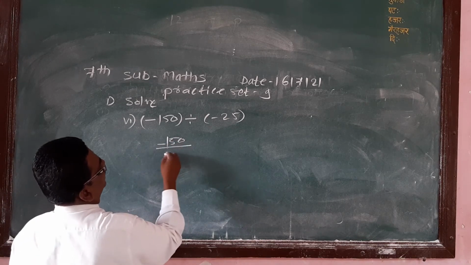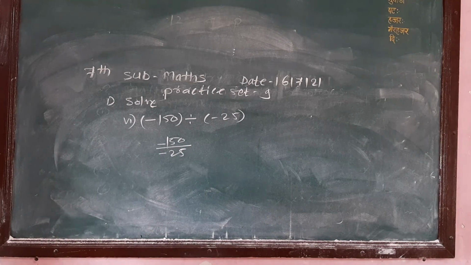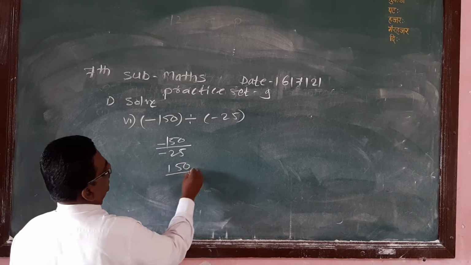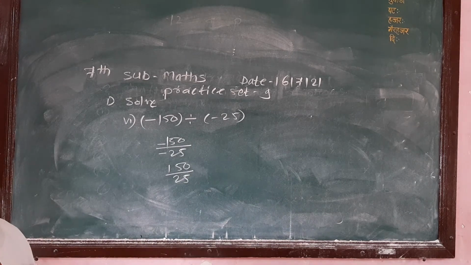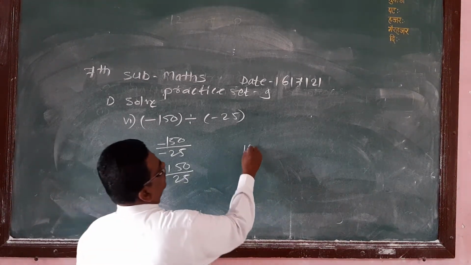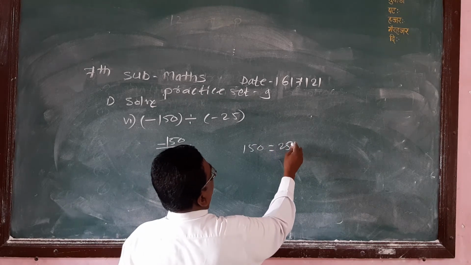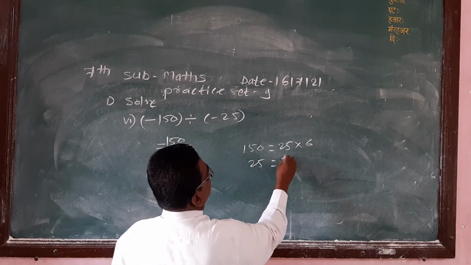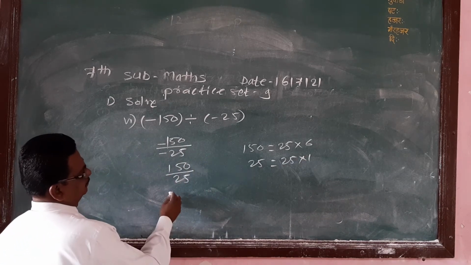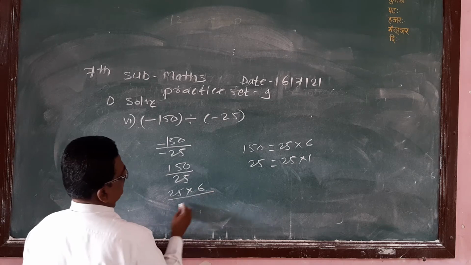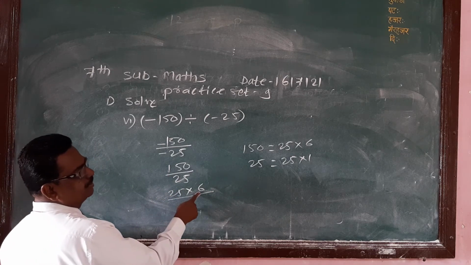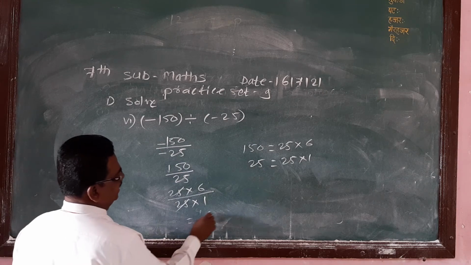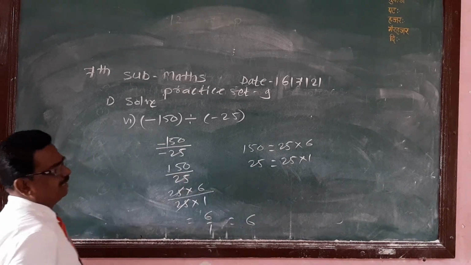Minus divided by minus is plus, so 150 upon 25. 150 is equal to 25 into 6, and 25 is equal to 25 into 1. Cancel 25, 25. 6 upon 1 is equal to 6.